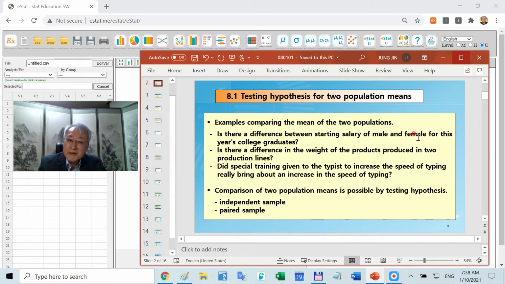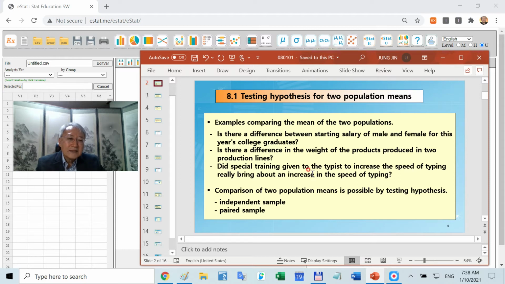How can you compare that? Is there any difference in the weight of production produced in two production lines? Most factories produce some kind of product using different lines. You might be curious whether they produce the same kind of product.